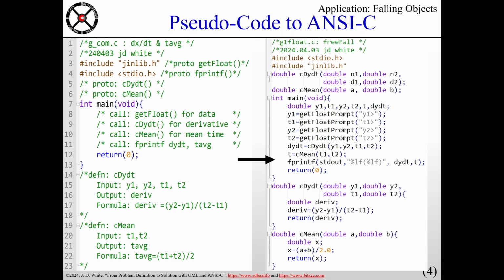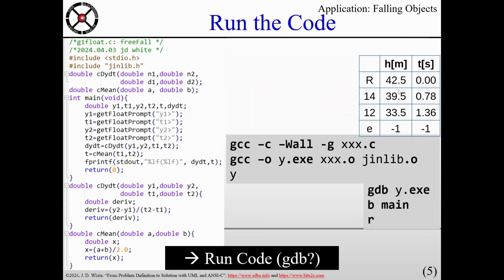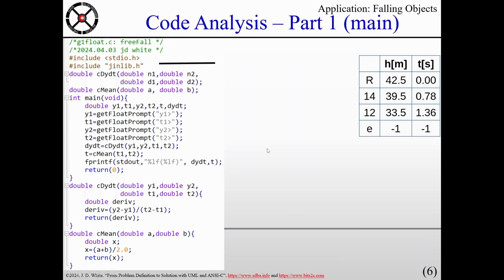And once you convert to ANSI C code, you've run the code, and we ran it for a few specific numbers using GCC. You need to use the math library, remember, and the Y. I just called it Y this time. And if I wanted to, I could use debugging to try to debug it if necessary. Okay, let's do some code analysis now.